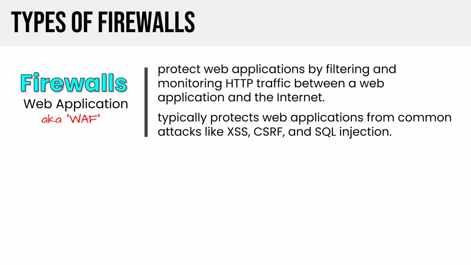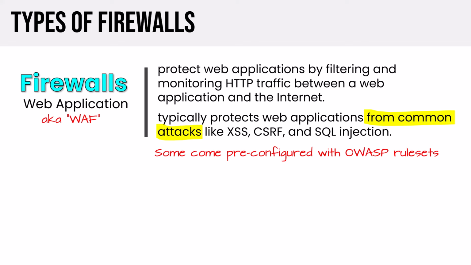And in fact, most WAFs you will find these days come pre-configured with OWASP rule sets. We call them OWASP CRS or core rule sets. Your cloud service providers, your Microsoft Azure, AWS, Google Cloud Platform will all offer a WAF that supports OWASP core rule sets, meaning you can put a good set of web application protections in with just a few clicks.